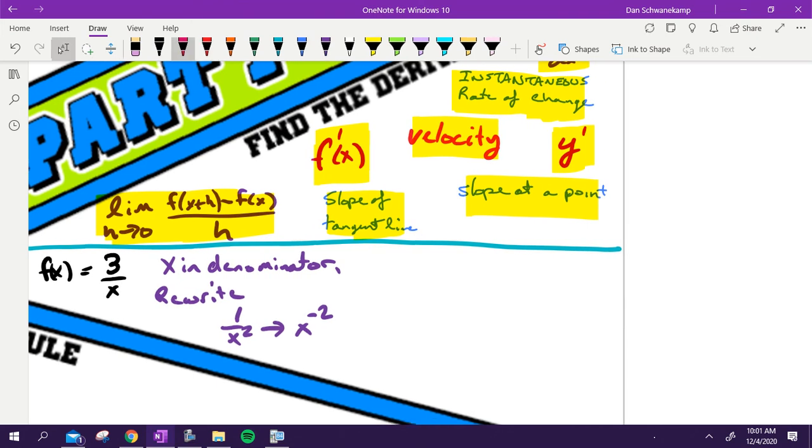Same thing if x is in a radical. You don't want to deal with something when x is in a radical. So if x is in a radical, what should you do instead? Rewrite as fraction exponents.